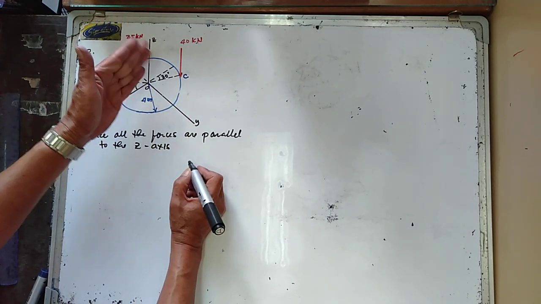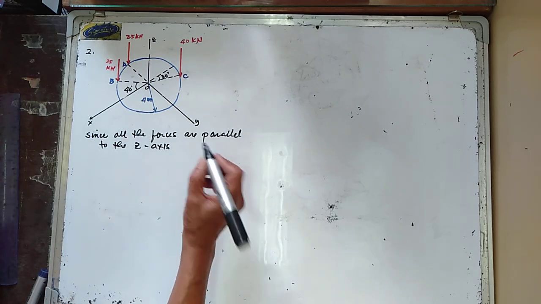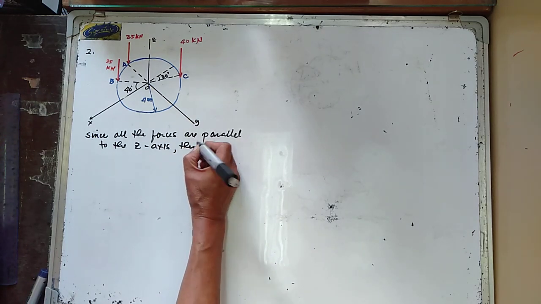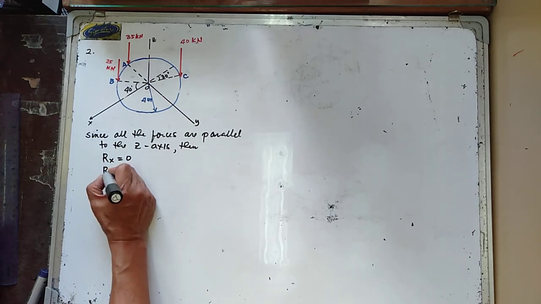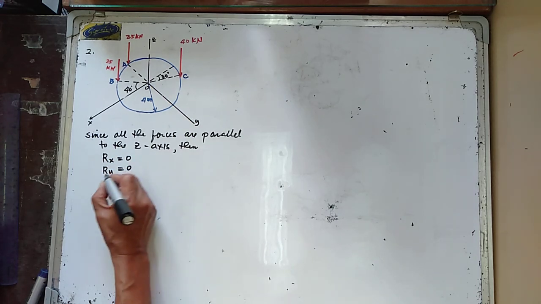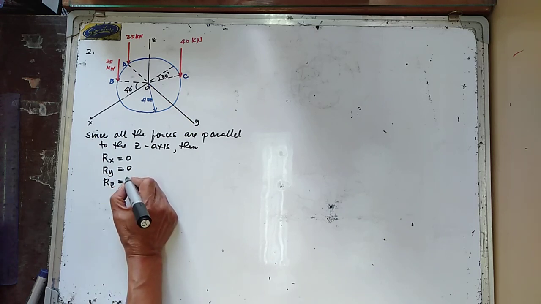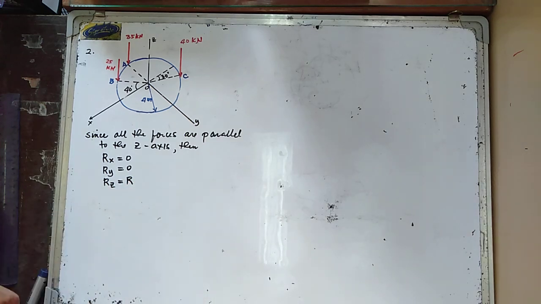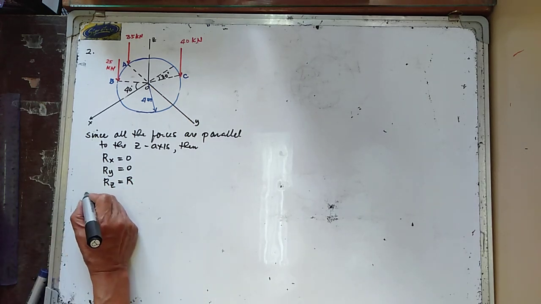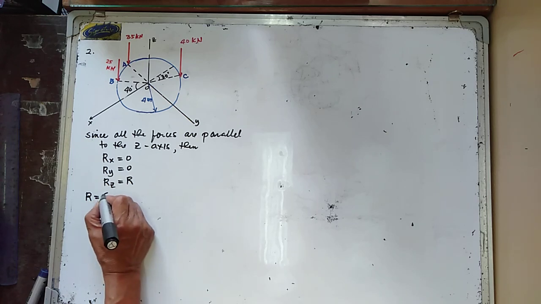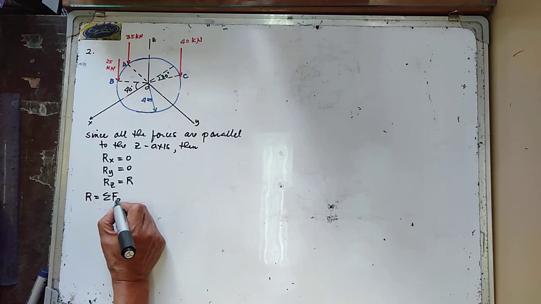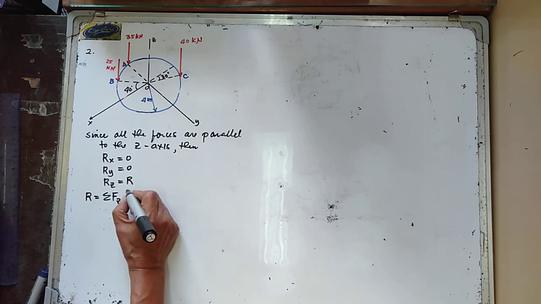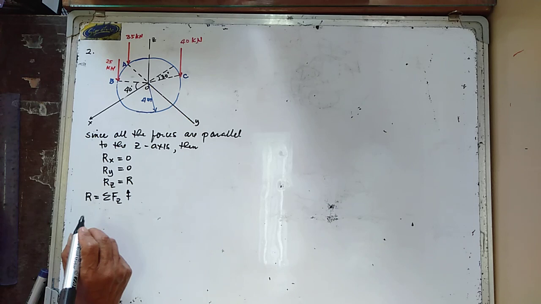This is your z, this is your y, and this is your x. Then Rx is equal to 0, Ry is equal to 0, then your Rz is equal to the resultant R. Hence, your R is now equal to the summation of forces in the direction of the z-axis, taking upward forces positive.